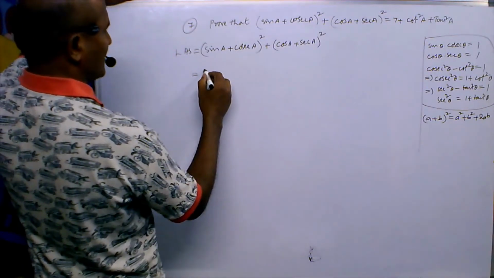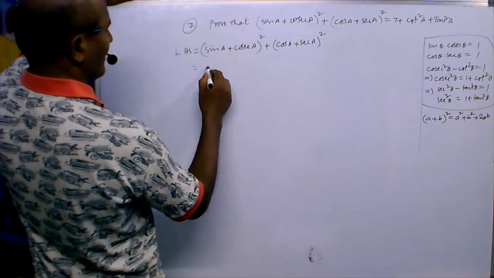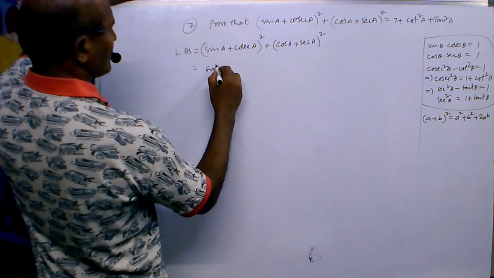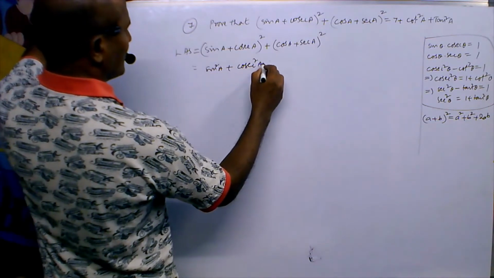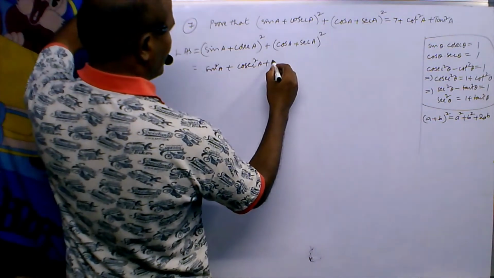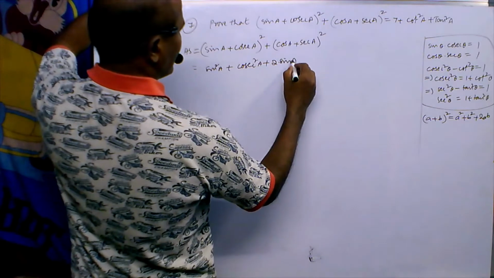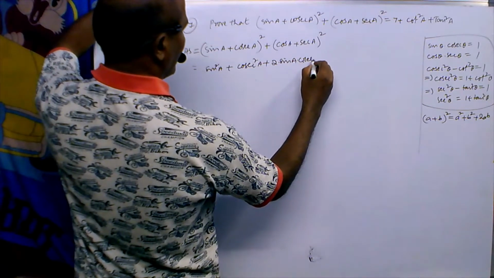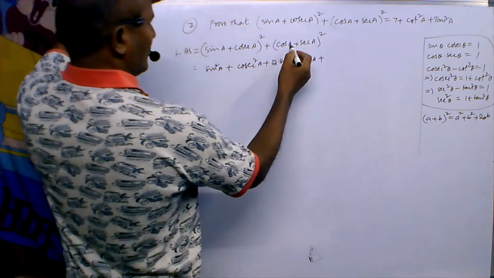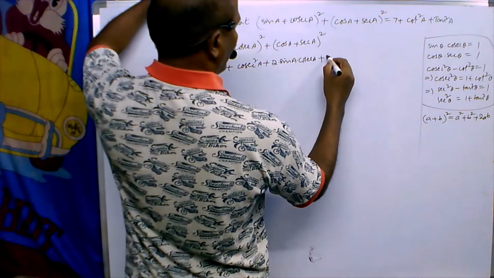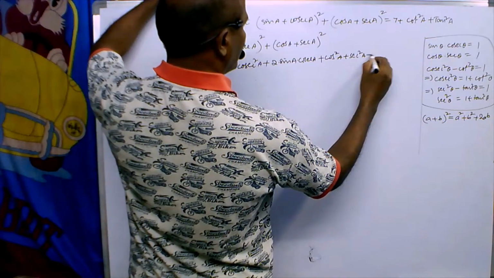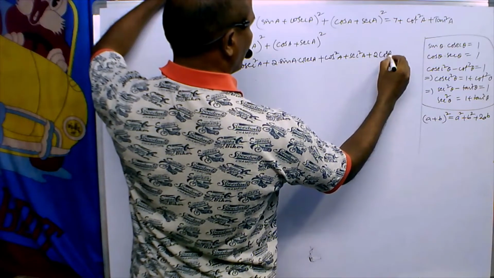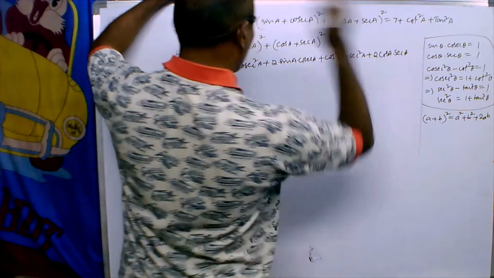We can expand this: sin square A plus cosecant square A plus 2 into sin A into cosecant A. Now take this part: cos square A plus secant square A plus 2 into cos A into secant A.